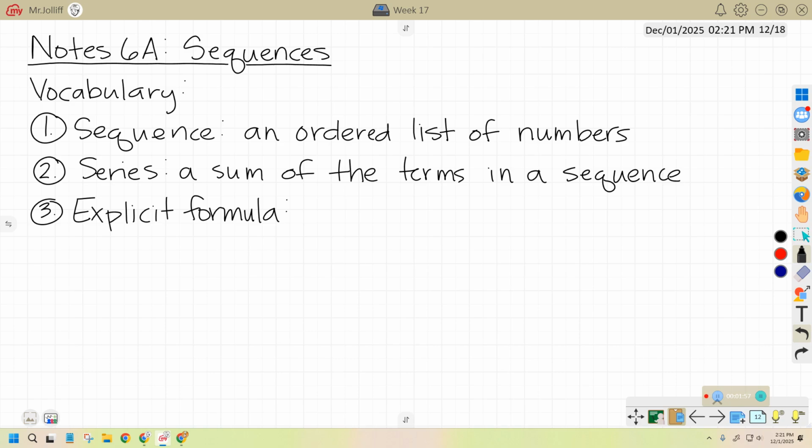So an explicit formula defines a sequence. Well, actually, let me take that back. Defines the terms of a sequence by location.